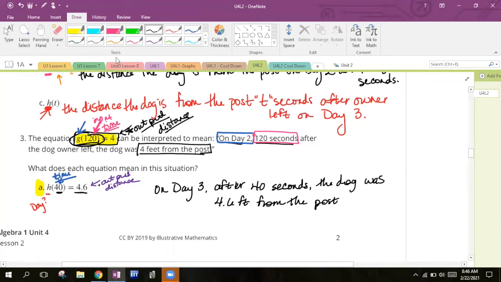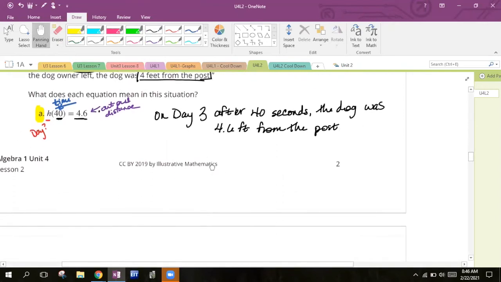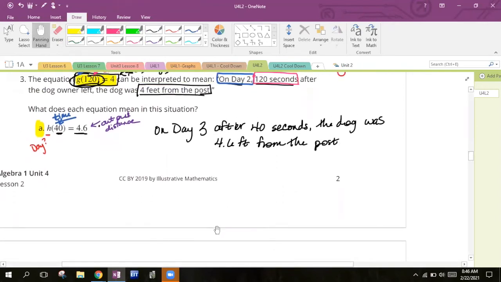Make sure you have that written down for part A. So we've got the function we're talking about, we've got the input, and we've got the output.